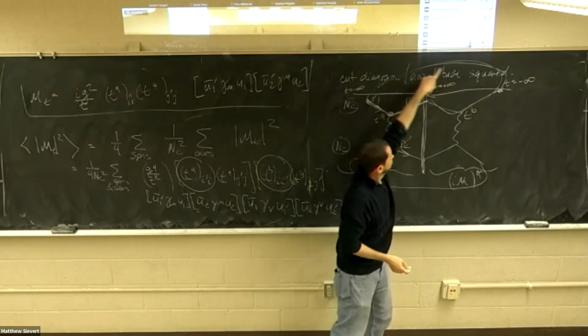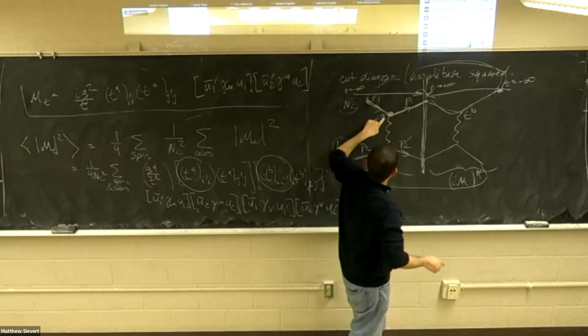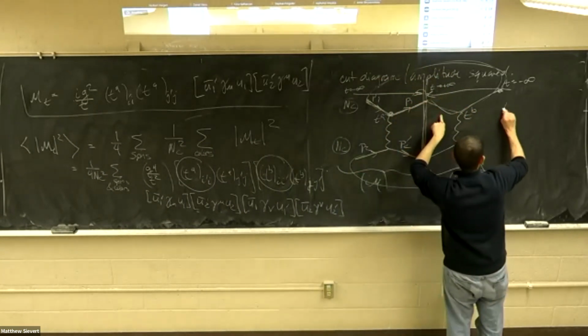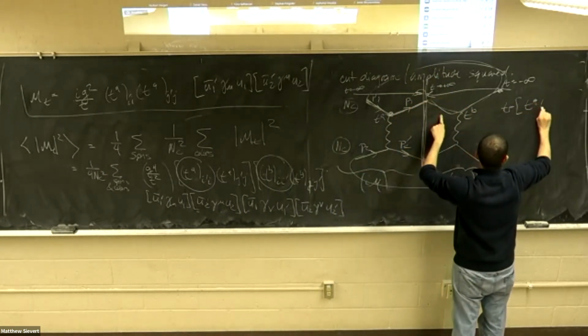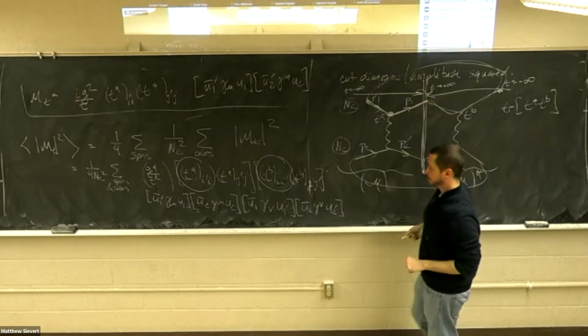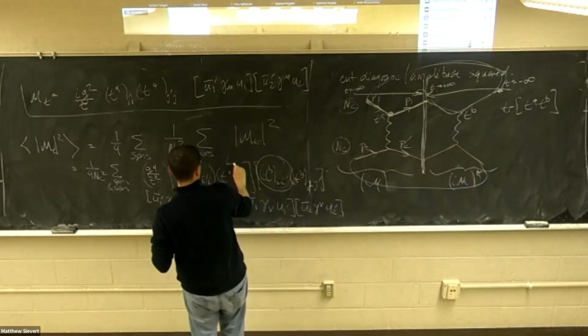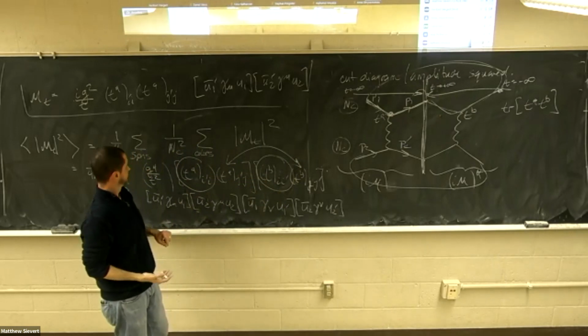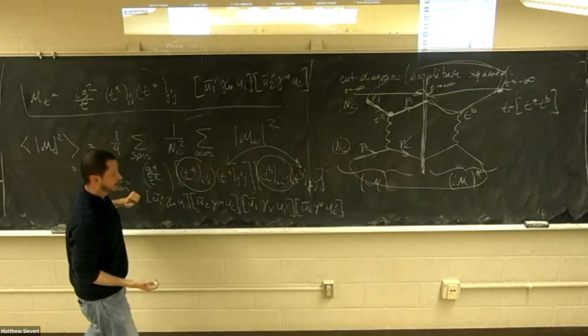And the color flow, just like the particle number flow, is connected into a single trace. So I get a trace from this upper line of the color matrices T^A and T^B. Incidentally, I also get another trace of exactly the same form from the lower line. So that's what's about to happen to the color structure.